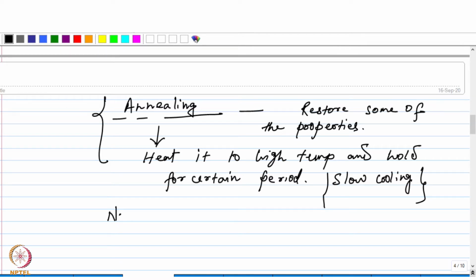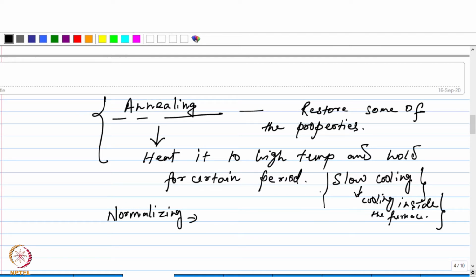That would be called normalizing. So in order to ensure slow cooling for the annealing process, after the hold period you start cooling in the furnace itself. This will ensure that it cools down slowly.